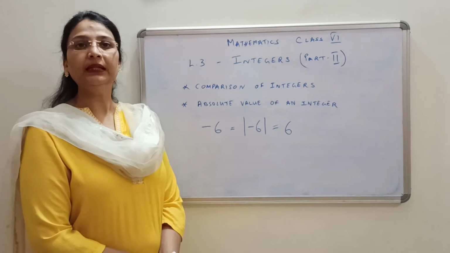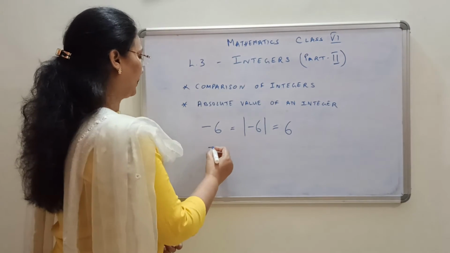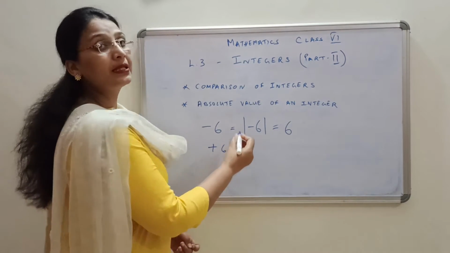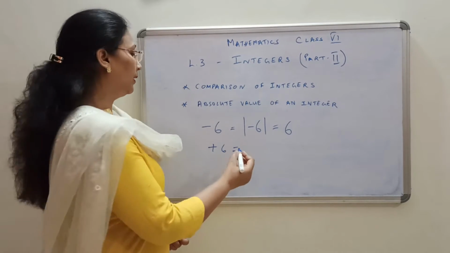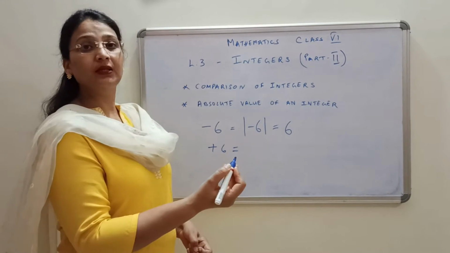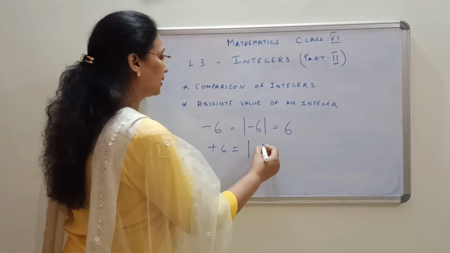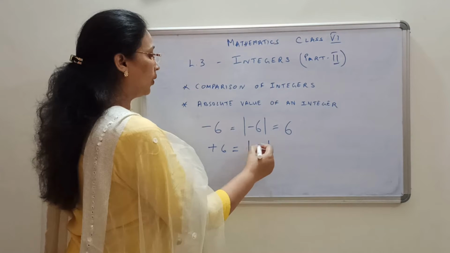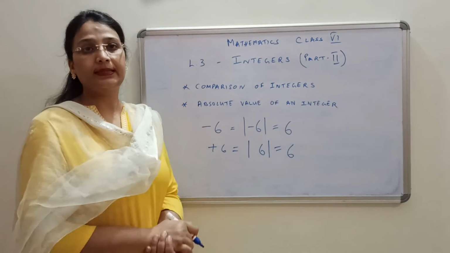In the same way, the absolute value of +6, or in other words 6, will be denoted as |+6| = 6.